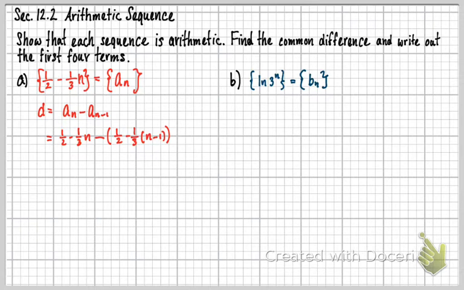That's where people, if they did this, would probably make a mistake. So be careful. Now I'm just going to simplify this. So I have a half here minus a 1/3 n. I can't add those together because they're not like terms. So this is minus a half plus 1/3 times n minus 1, and I keep that in parentheses because I didn't do anything with it yet.